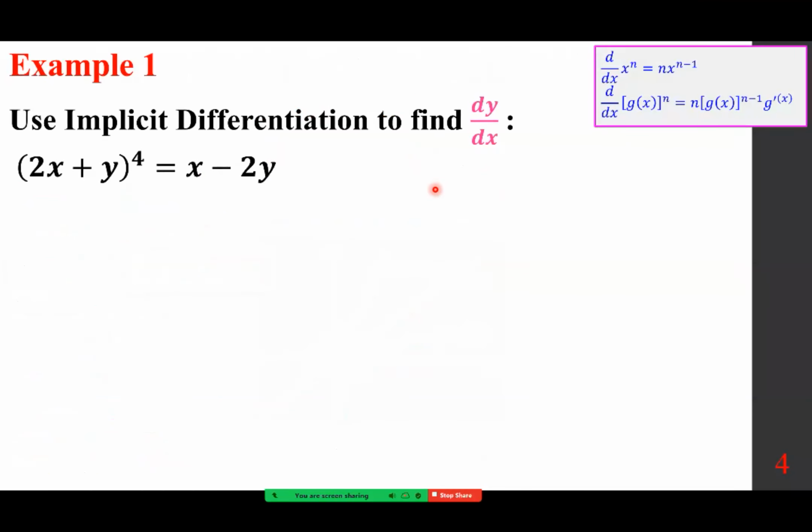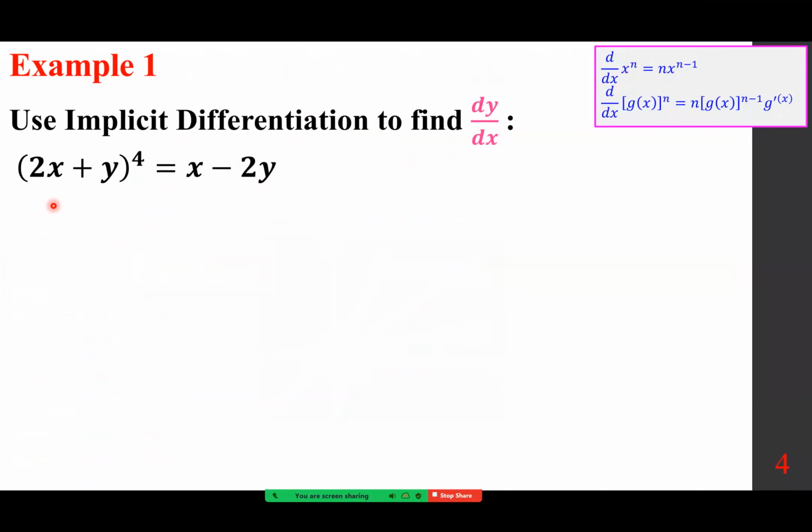Let's start looking at some examples. (2x plus y) to the power of 4 equals x minus 2y, and we want to differentiate it using implicit differentiation. dy/dx or y prime makes no difference in this case. So we are going to use the extended power rule.